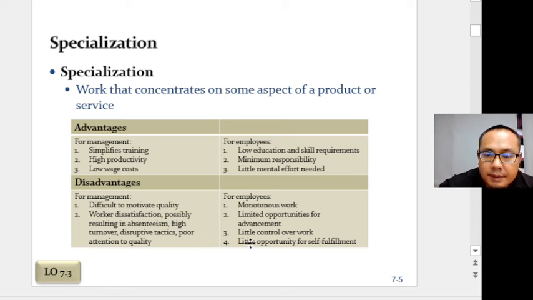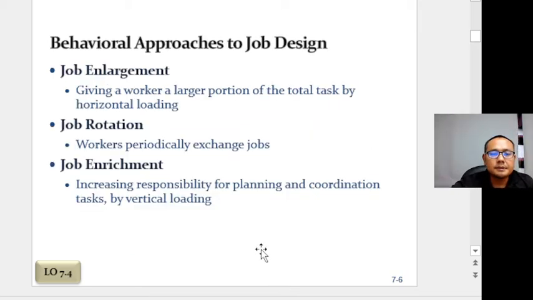So of course we are very clear about the advantages and disadvantages of this work, considered on some aspect of product or service.